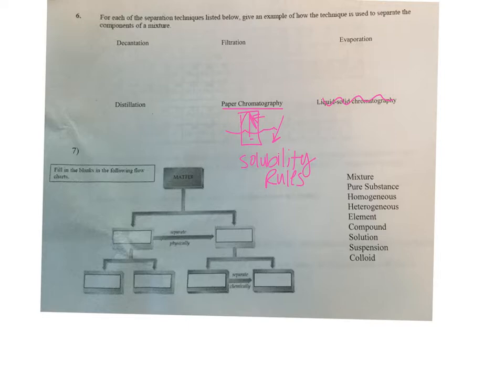All right, so now the separation of matter. All right, so we've got matter is the big guy here, okay? And then I wanted you to fill in the rest of the words. So what it comes down to is matter is separated into pure substances and mixtures, okay?